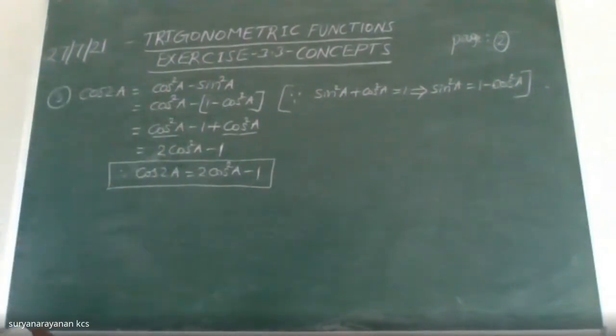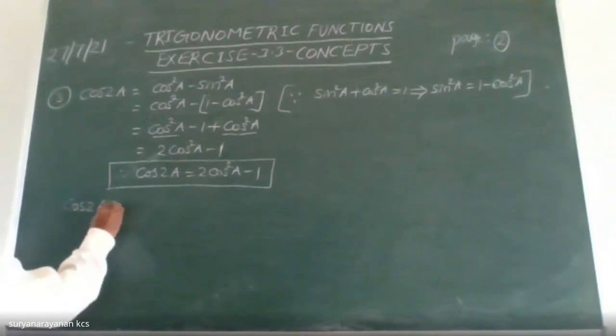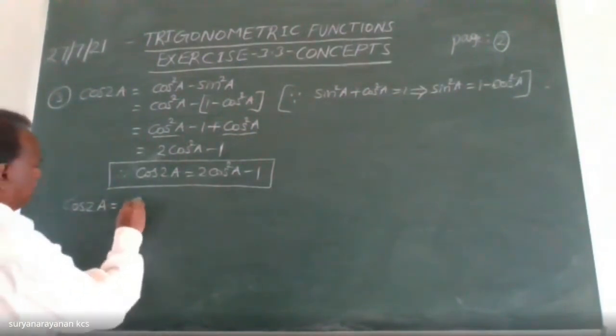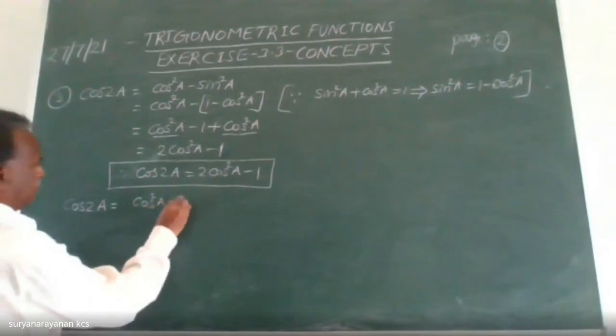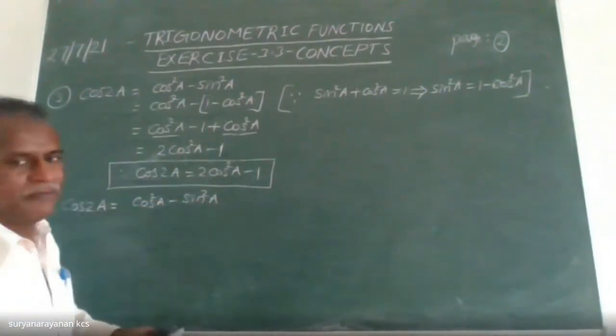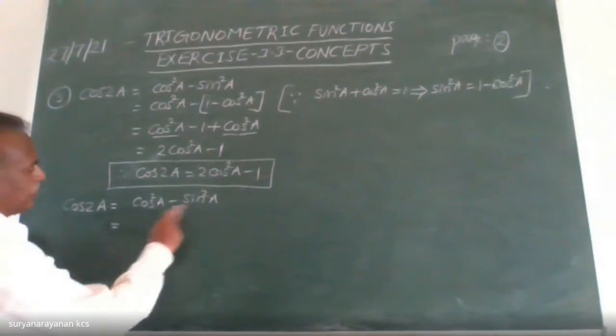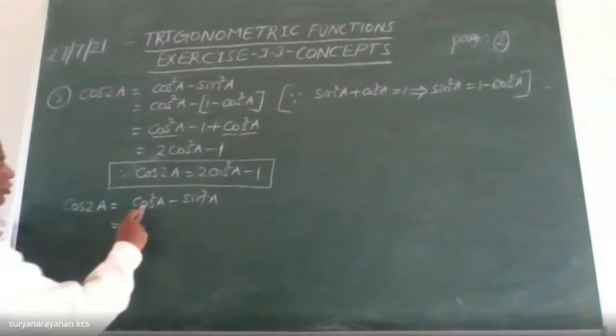Okay, my children. From the same formula, we derive one more formula. Let us take cos square A common from these two terms.